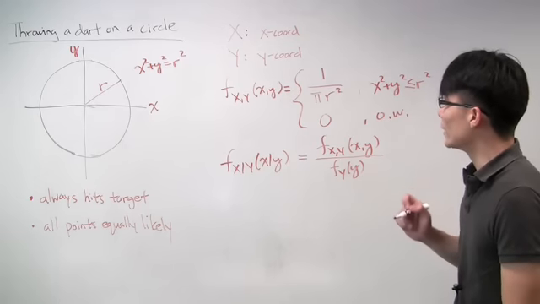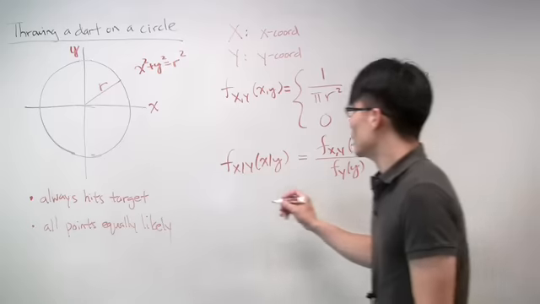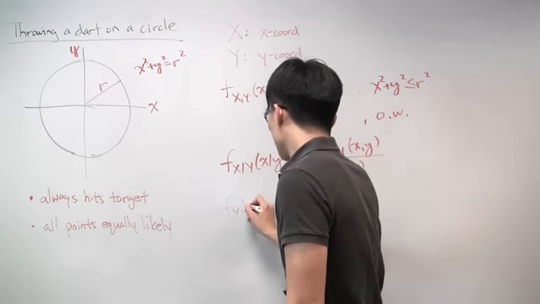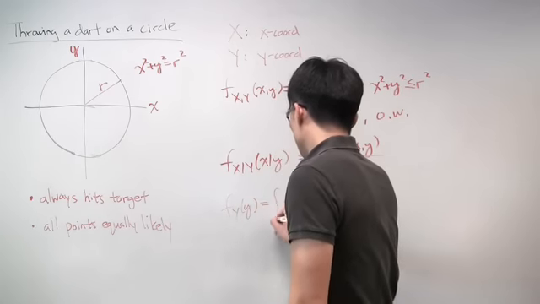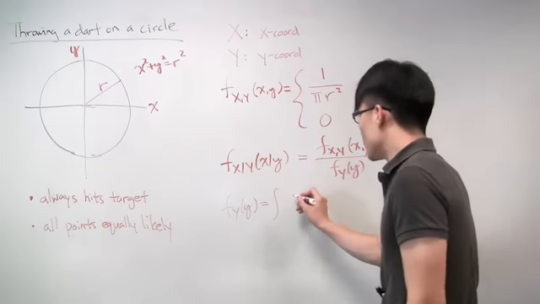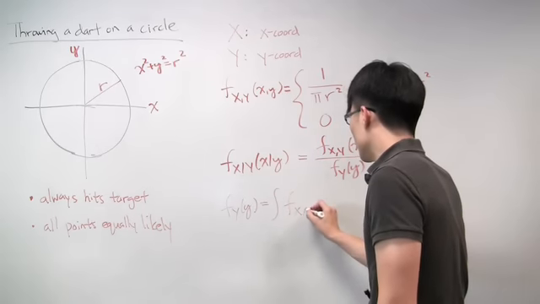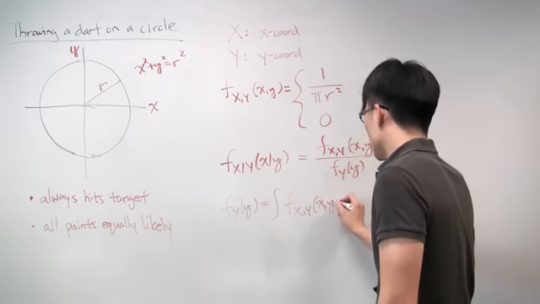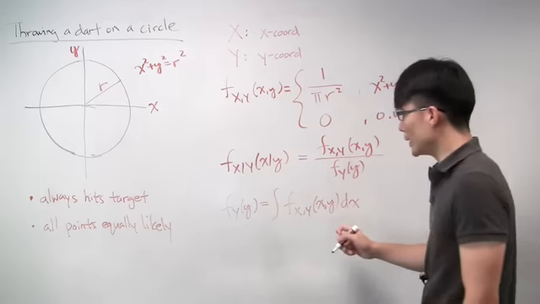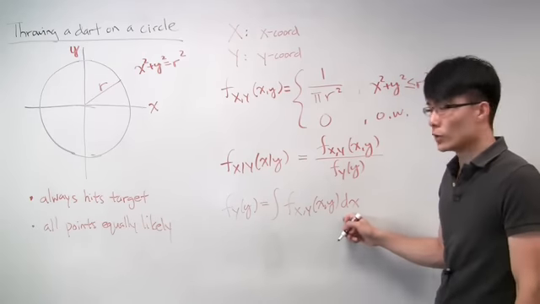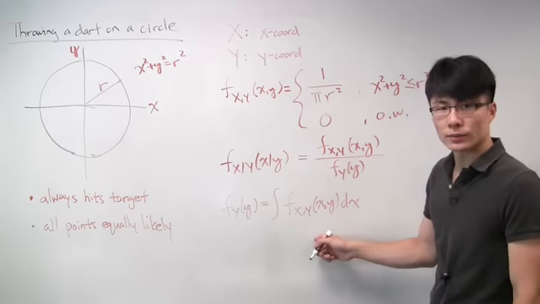So first let's calculate what the marginal of y is. When you calculate a marginal, remember, it's just a matter of taking the joint and integrating out the variable that you don't want anymore. So in this case, we're integrating out x.